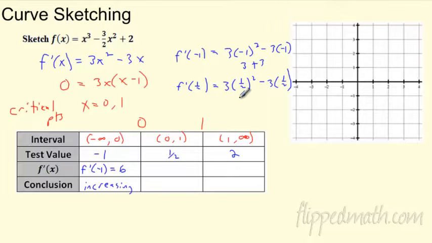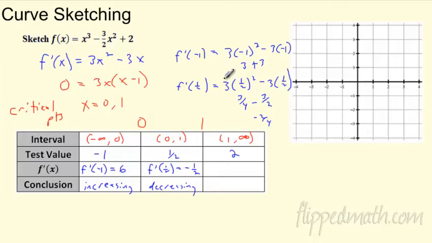That's going to be 3/4 minus 3/2. If you get a common denominator, that'll be 6/4. So when I subtract them, I get minus 2/4. The derivative at 1/2 is negative, negative 1/2.